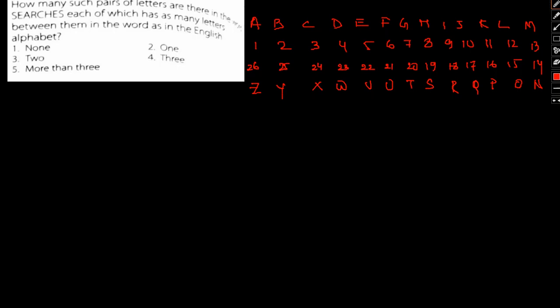Now, we are concerned with the word S, E, A, R, C, H, E, S. So we have to find out how many pairs of letters are there in SEARCHES such that there are as many letters between them as there are in the English alphabet. Let me write down the numbers for each.